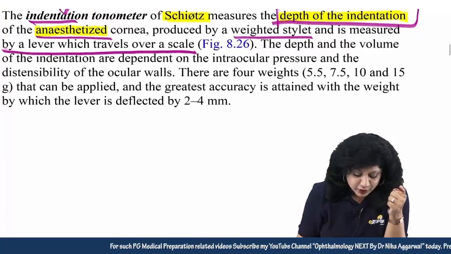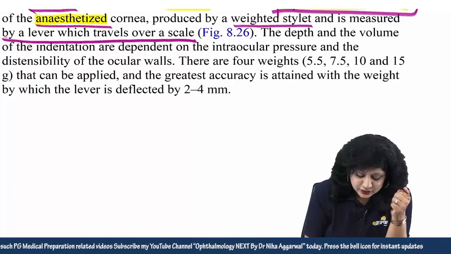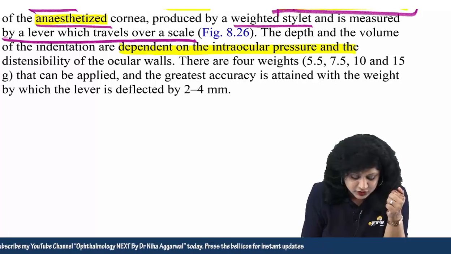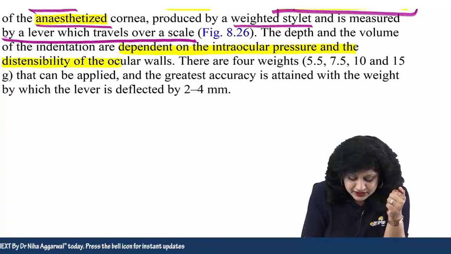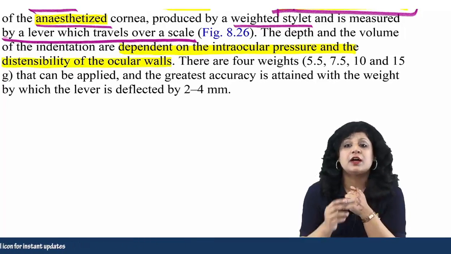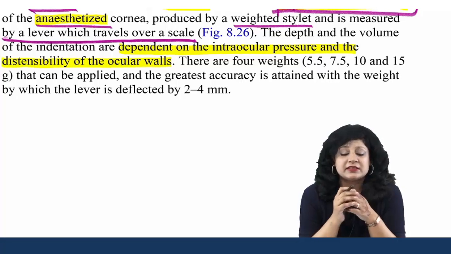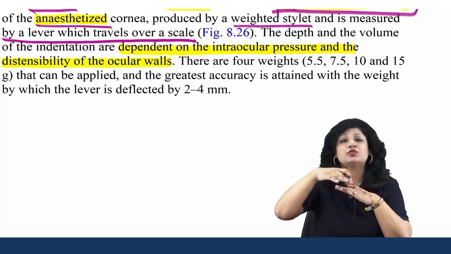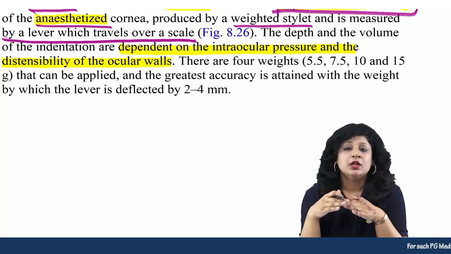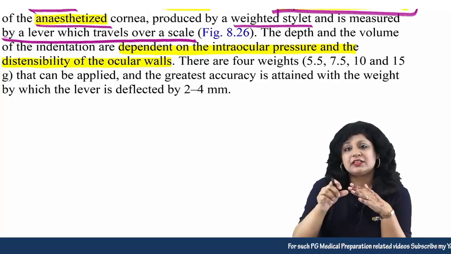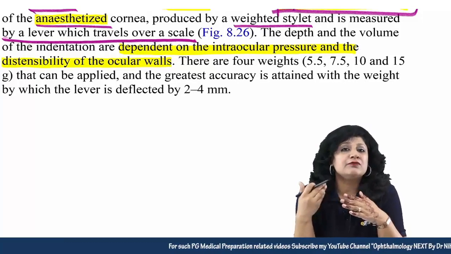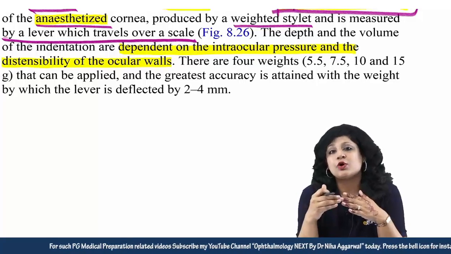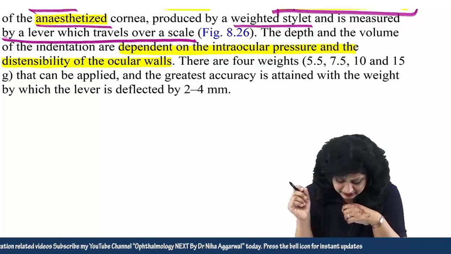Now, the depth and the volume of the indentation actually are dependent on the intraocular pressure and the distensibility of the ocular walls. When we are using this instrument, we have to measure how much indentation is going on. That depth and volume of indentation will give you an idea of how much intraocular pressure is inside this eyeball.